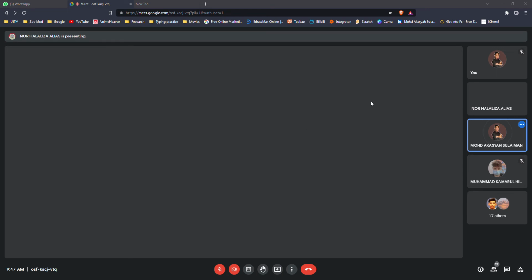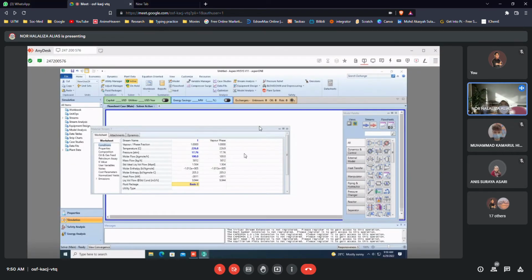Under properties, make sure you change to basis 3. So the rest of the properties you can check like before. Okay class? Can? Can understand? Okay, so I will not show the one for basis 3, NRTL, because the properties you want to check are the same as before.